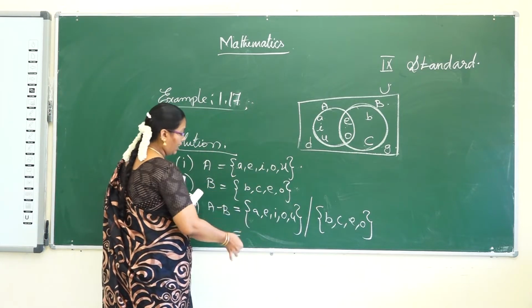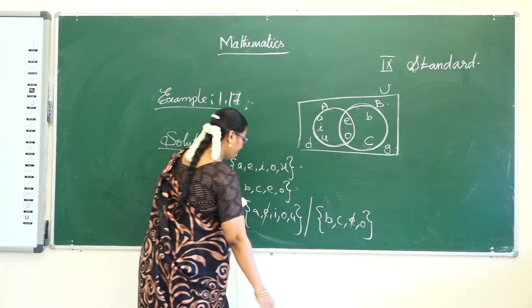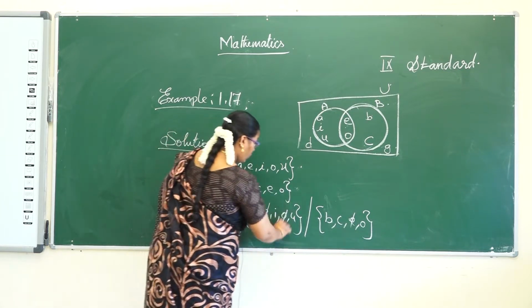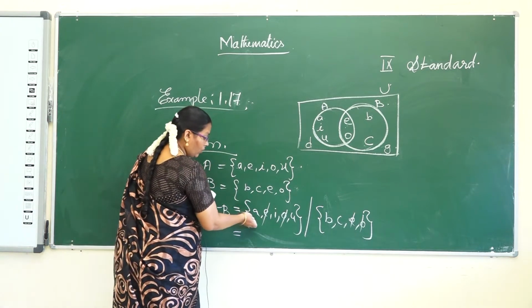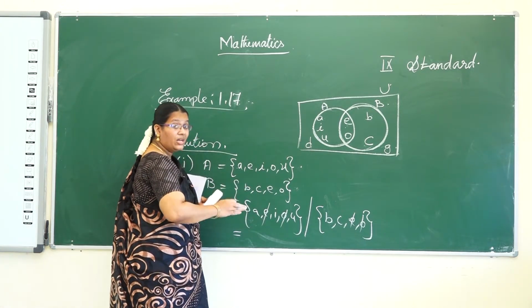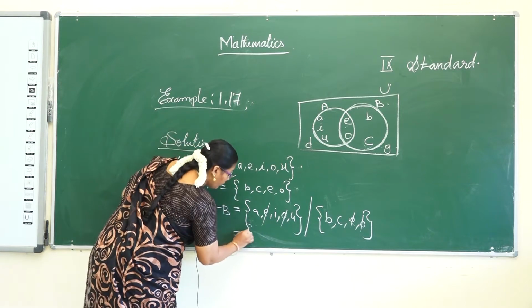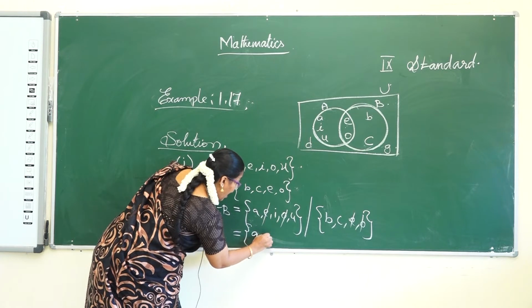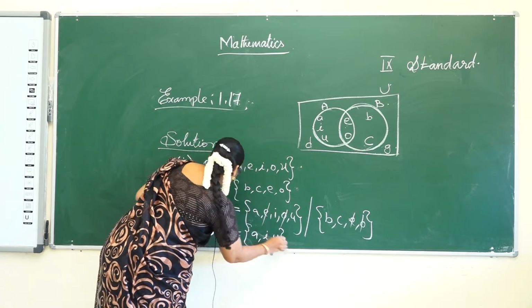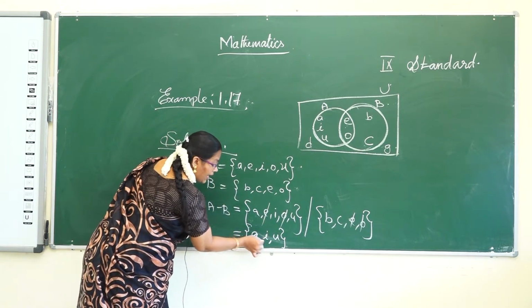First of all, cancel them. E is common, O, that's all. So the remaining elements in set A are A, I, U. So A set difference B is A, I, U.